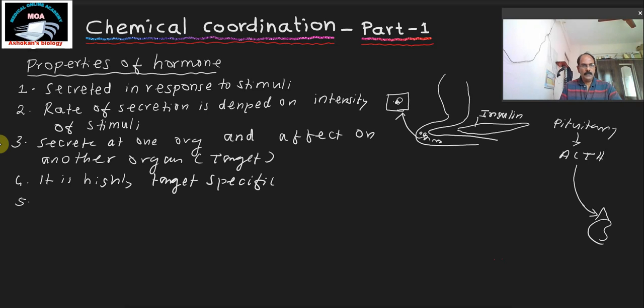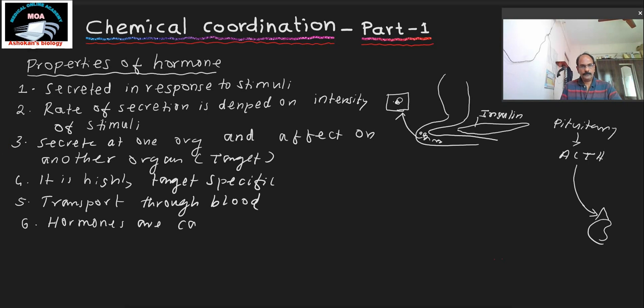And the third character, it is transported through blood. It is secreted in the gland and then transported through blood. Okay, so during the transportation, the hormones are carried by a carrier molecule.